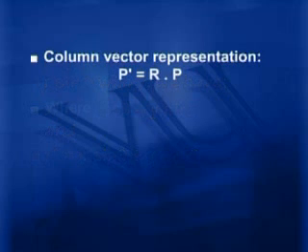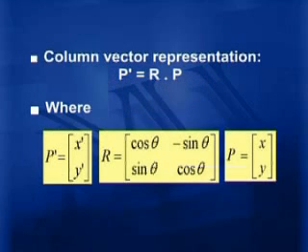And you can recall that the vector representation of the same was in the form of p dash equals r times p, or r dot p, where p is the column vector x y, p dash is x dash y dash, and rotation matrix r is cos of theta, minus sin of theta, sin of theta, cos of theta.